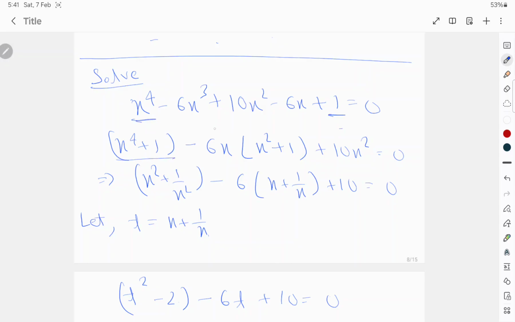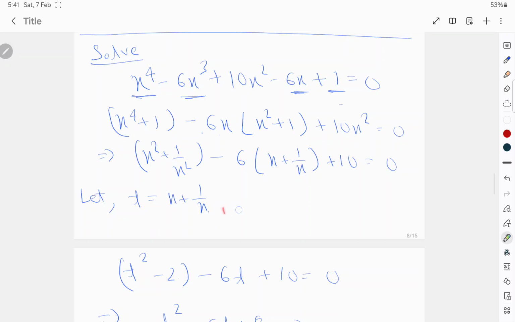From 6x cube and 6x, if you take common minus 6x, you have x square plus 1, and what is left is 10x square. Now you divide the whole equation by x square. So x to the 4 by x square is x square, plus 1 by x square, right? And then you have minus 6, and dividing by x, you have x plus 1 by x, and then plus 10 equal to 0, right?